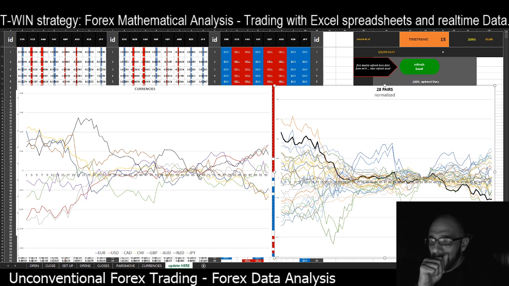So from the beginning of the day I started to see a development of the currencies. The first assumptions that I made, of course, I woke up just a couple of hours before the starting of the European London session.